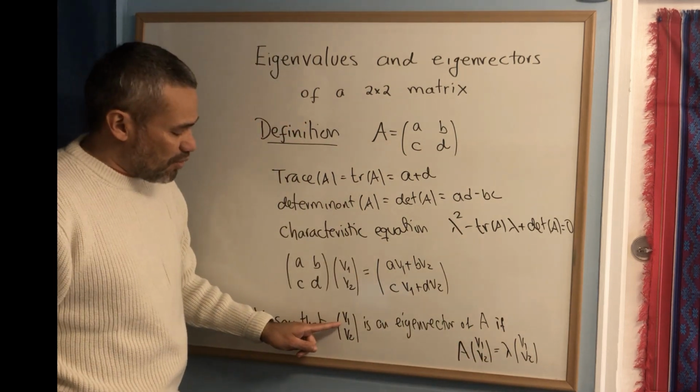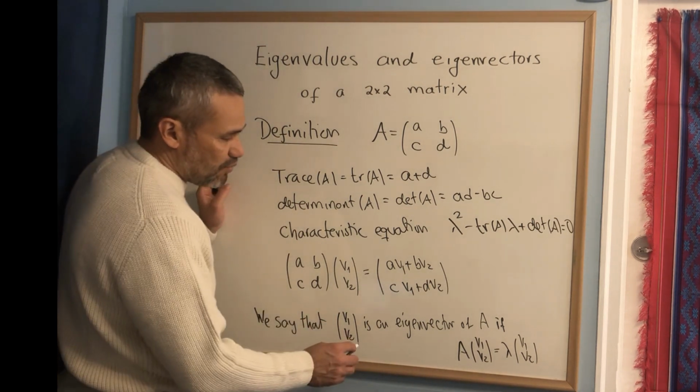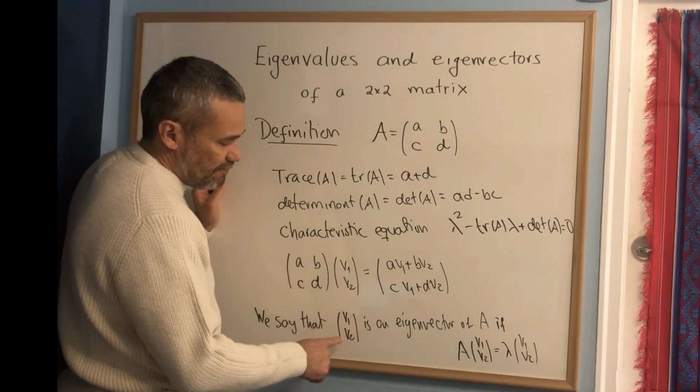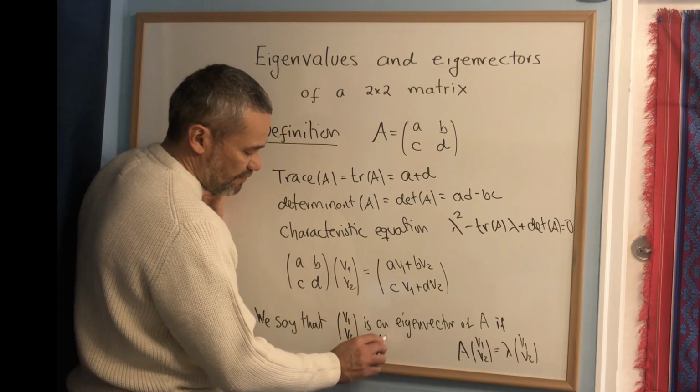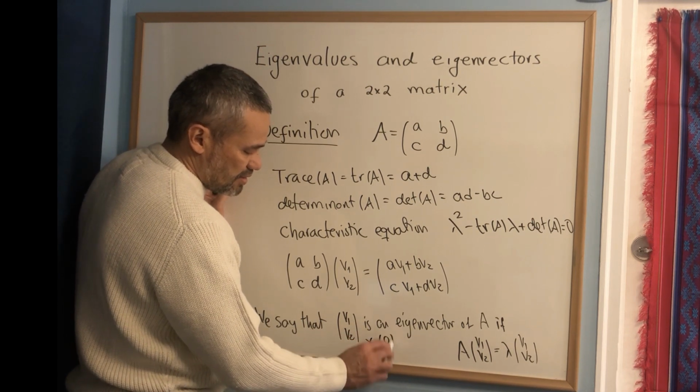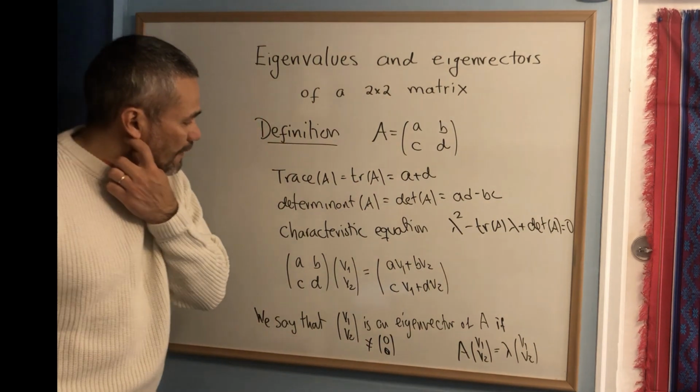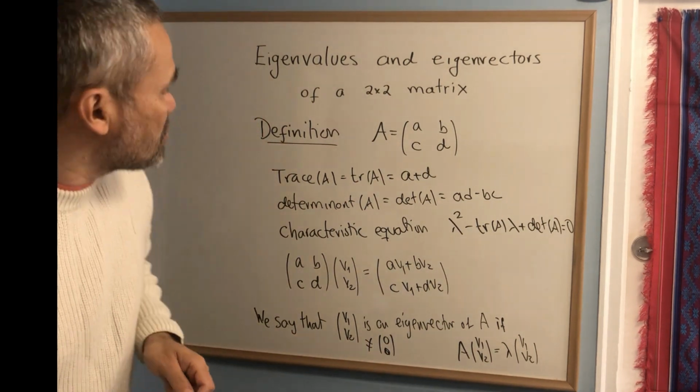And another important property for an eigenvector is that we're going to request that this eigenvector is different from 0, 0.